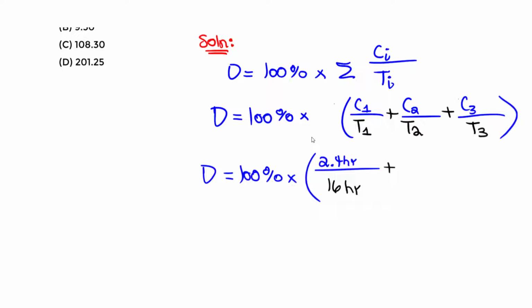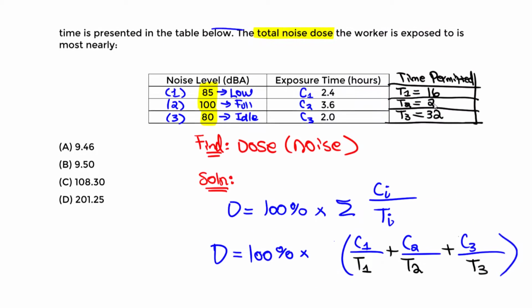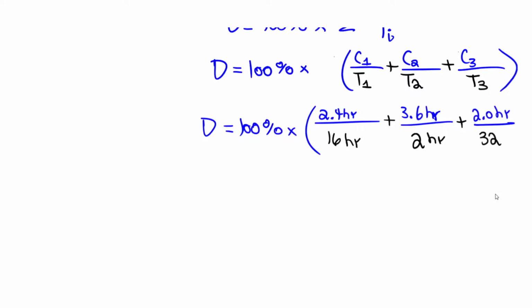Plus the C2 is going to be the 3.6 hours, divided by the T2, which is the 2. Plus C3, which is the 2 hours, divided by the T3, which is 32. Right, T3 is 32, 32 for the 80, right? And C3 is the 2, right? C3 is the 2 on top.